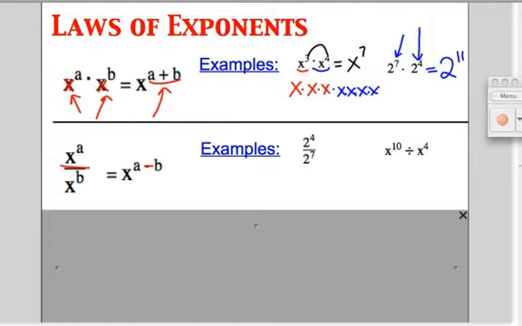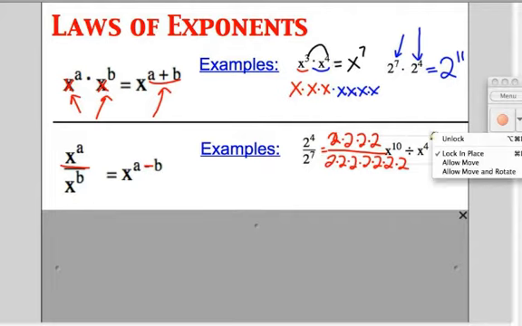Here's why. Let's take a look at what we have with 2 to the 4th and 2 to the 7th. We have 4 2's on top, and on bottom we have 7. So 7 2's on the bottom.